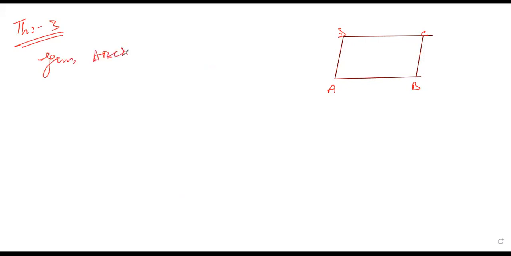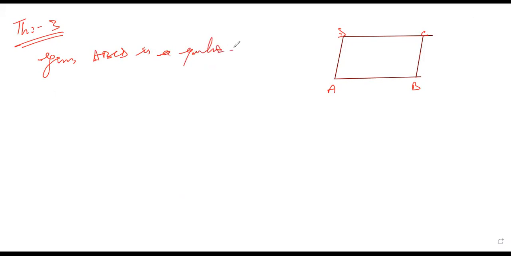It has been provided that there is a quadrilateral like this. I had extended a little bit over there, so leave it, no problem. Say this is A, B, C, D. So for theorem number 3, it has been given to us that ABCD is a quadrilateral.